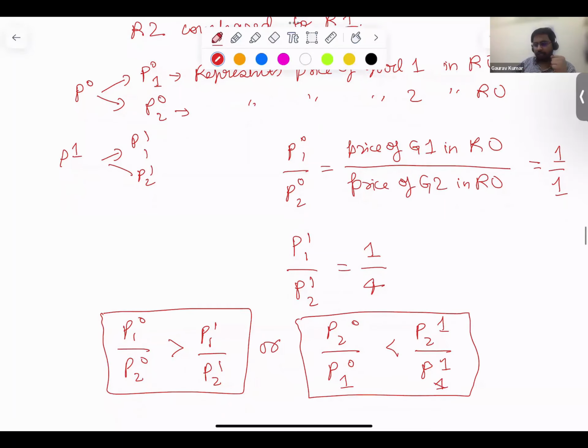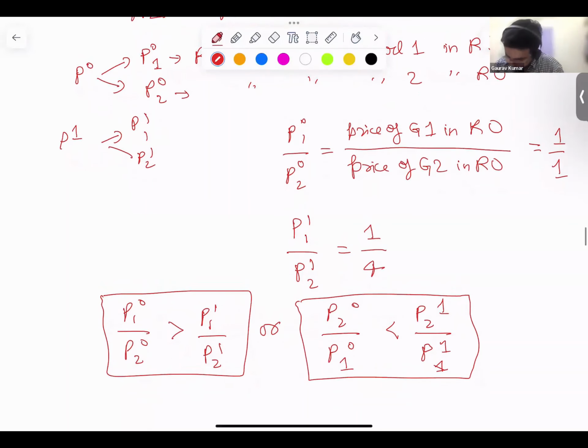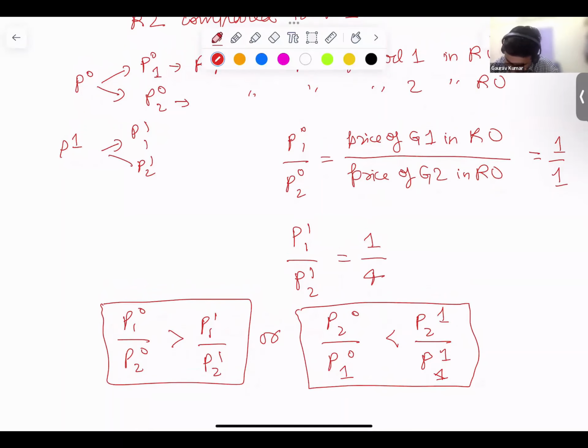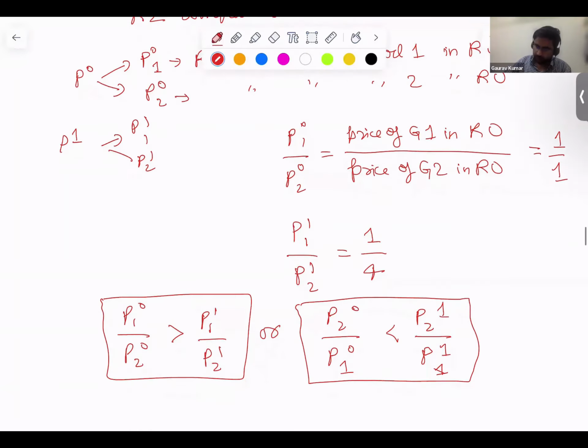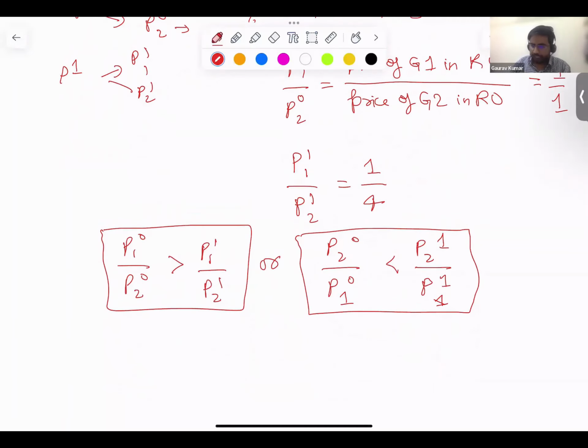So the relative price of good 2... is this correct? I'm just inverting the order. Yeah, this seems to be correct. So the price of good 2 in regime 0 relative to good 1 is smaller compared to the price of good 2 compared to good 1 in regime 1. This is what this equation means.